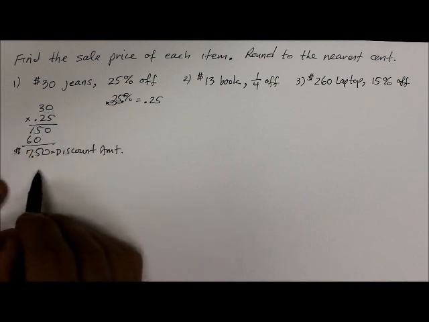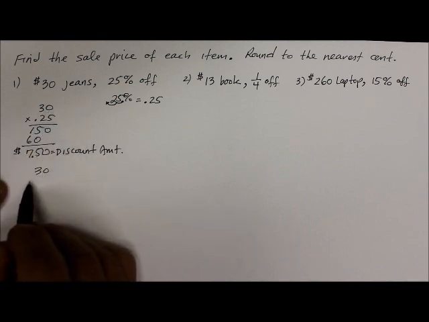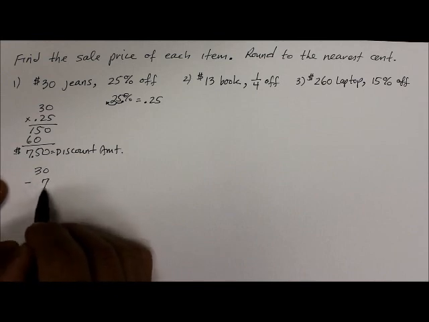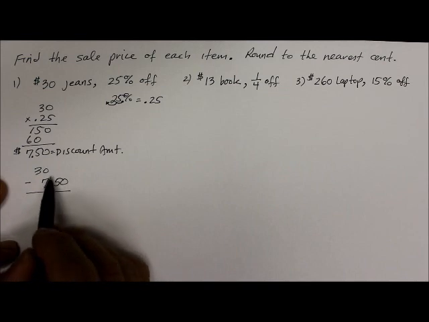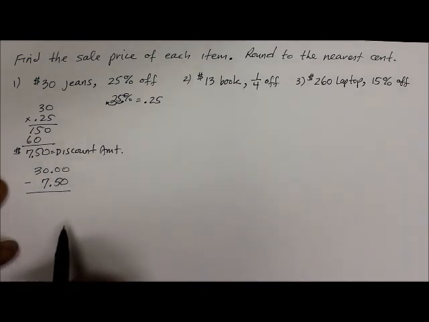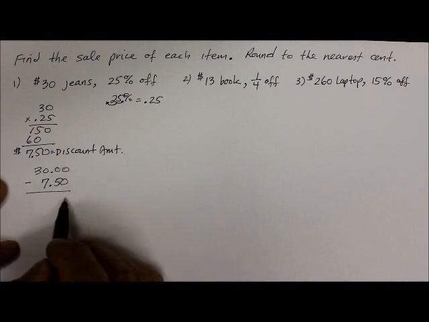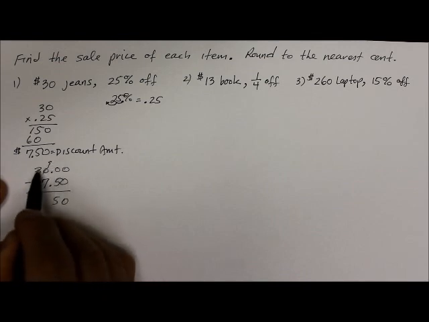Well, you take that original amount, 30, and you're going to take out $7.50. Now to make this work, of course, you have to line up the decimal numbers. So let's put a decimal in and zeros. And when you subtract the discount amount, you get 0. That's a 5. Then that becomes a 9, and that becomes a 2.